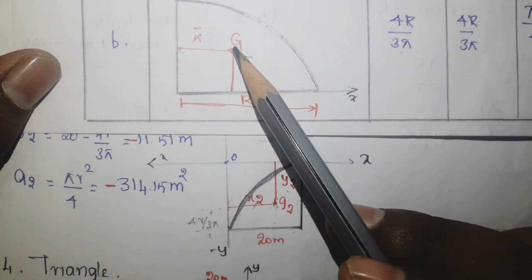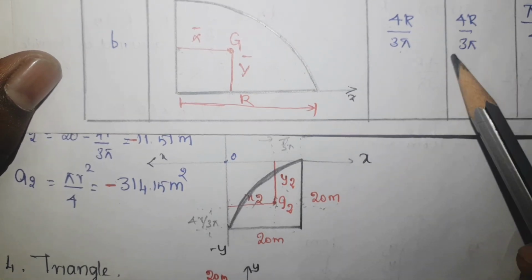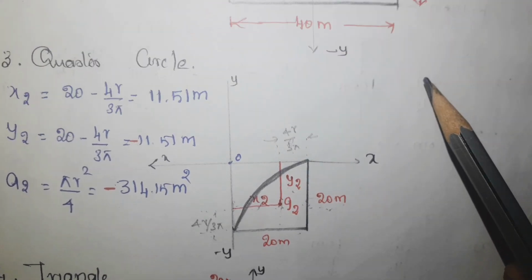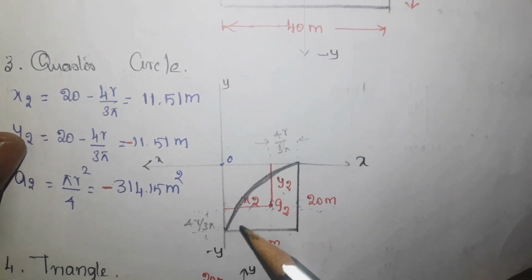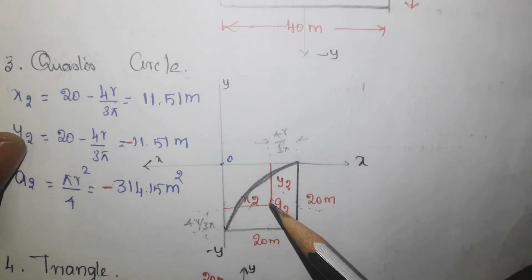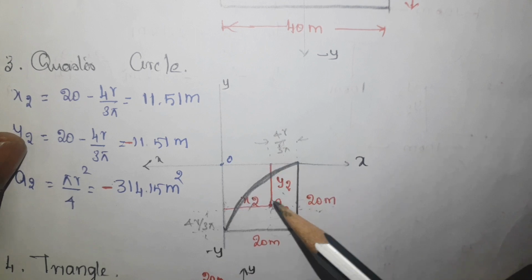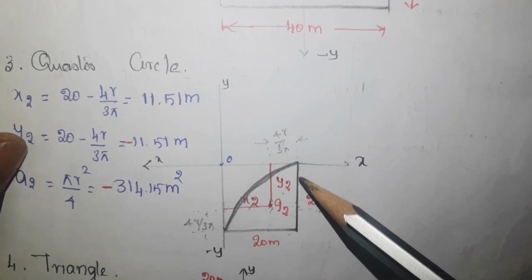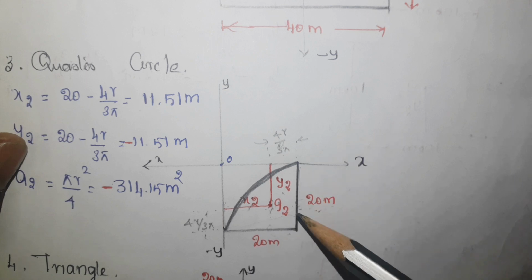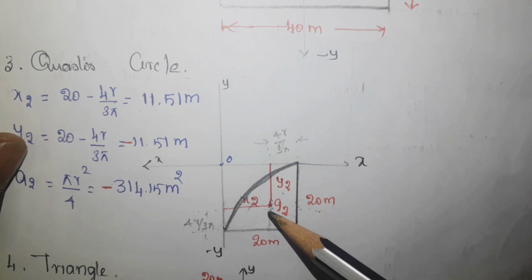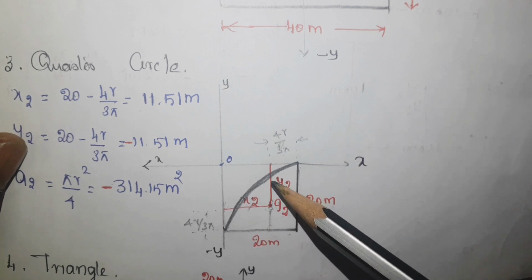Similarly, for finding the y2, you see here y2 is nothing but from this radius end to the G, it is 4r by 3π. But I want to know this distance y2. So I am going to consider first this 20, then subtract this one, 4r by 3π, and I will get the answer for y2.